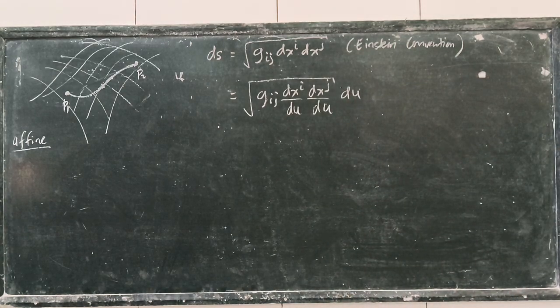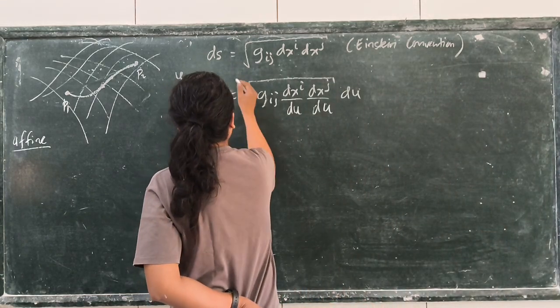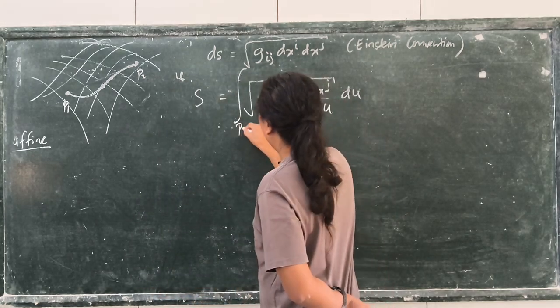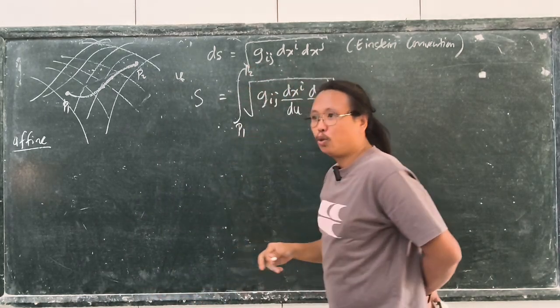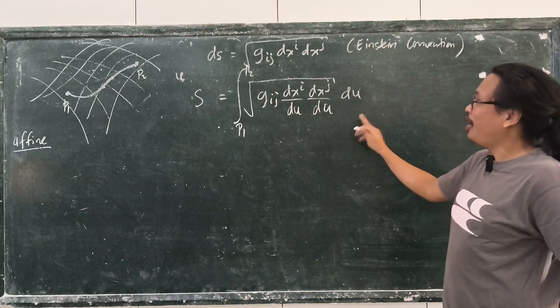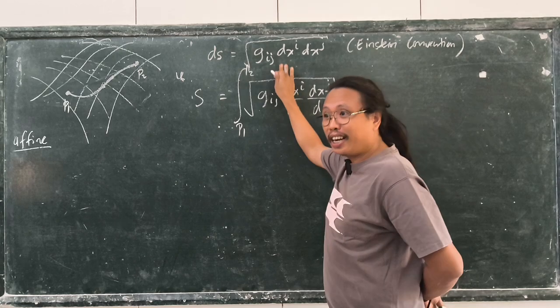And this, s, would now be the integral of this from P1 to P2. It is still the arc length.